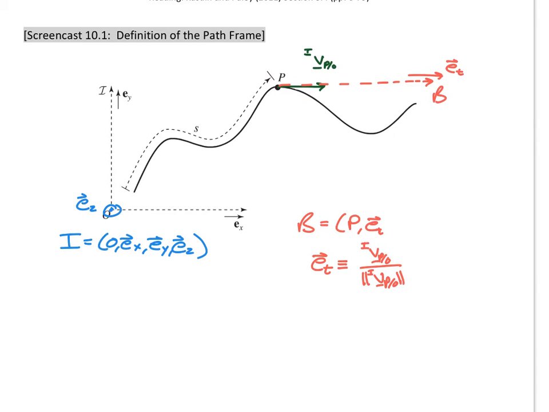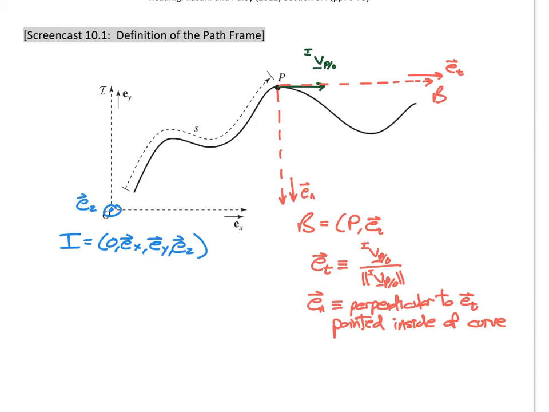Let's define the second direction in our reference frame. And so here we'll draw our direction, what looks like down, but it's really a special direction, and we'll call this E sub n for our normal vector. Now what's special about this normal vector is that it's always pointed to the inside of the curve, or it's positive in the direction of the concave side of the curve.